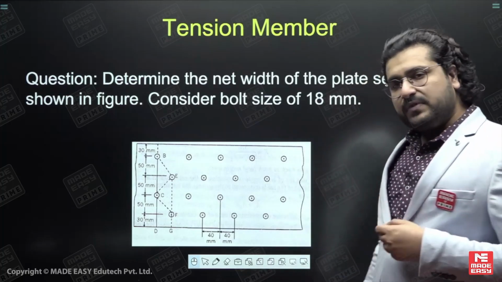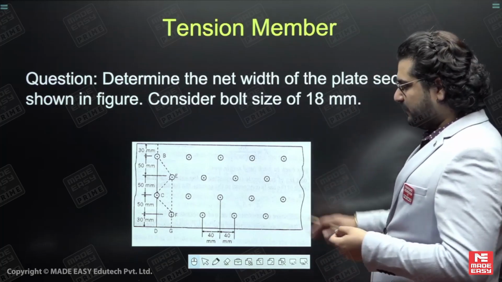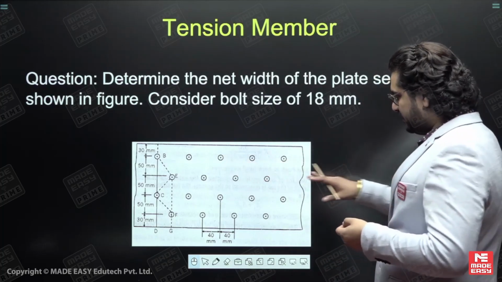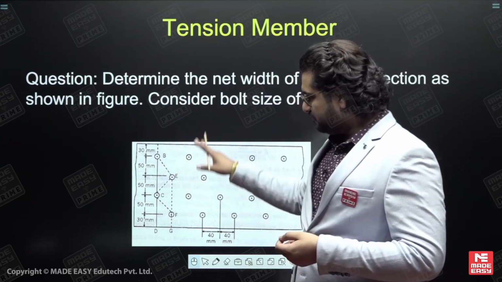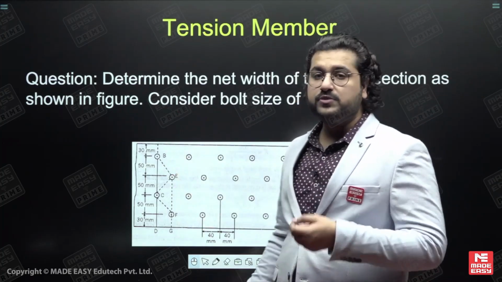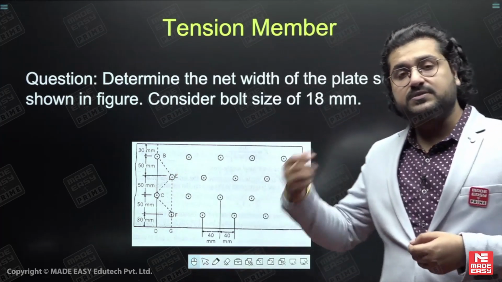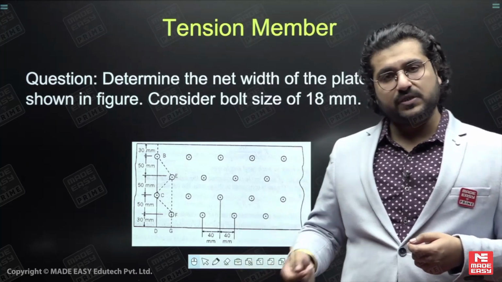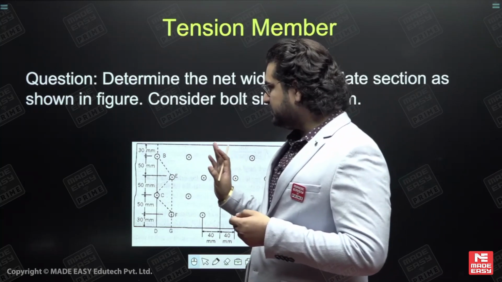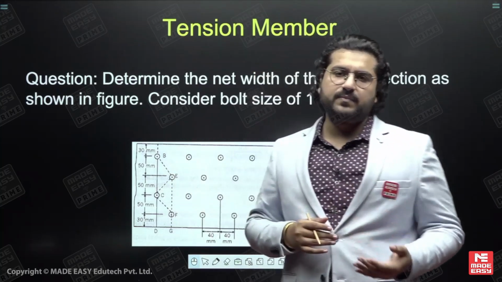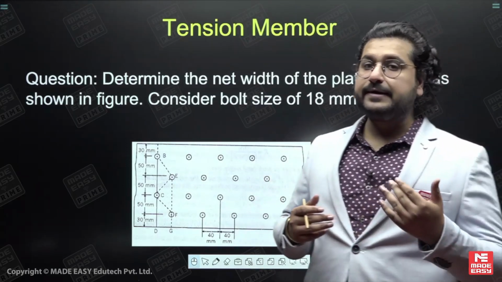Whichever comes out to be the minimum width or minimum area will be the one which generates the first limiting stage of failure once the load is applied. So you need to find out the minimum width. Once you have the minimum width, then only you will be able to find out the minimum area, that would be nothing but your net critical area.